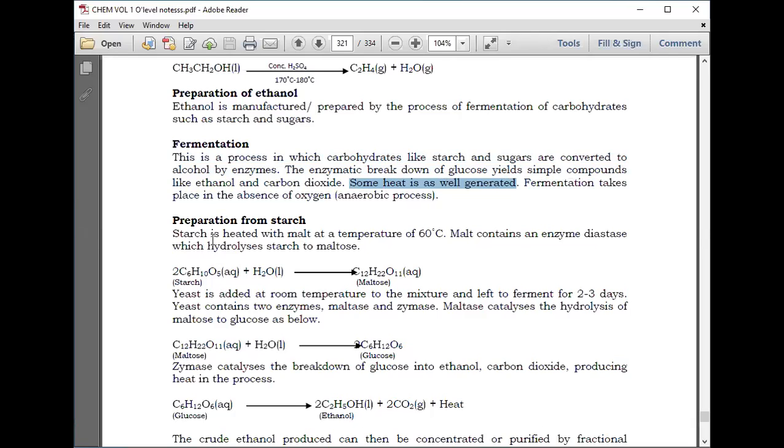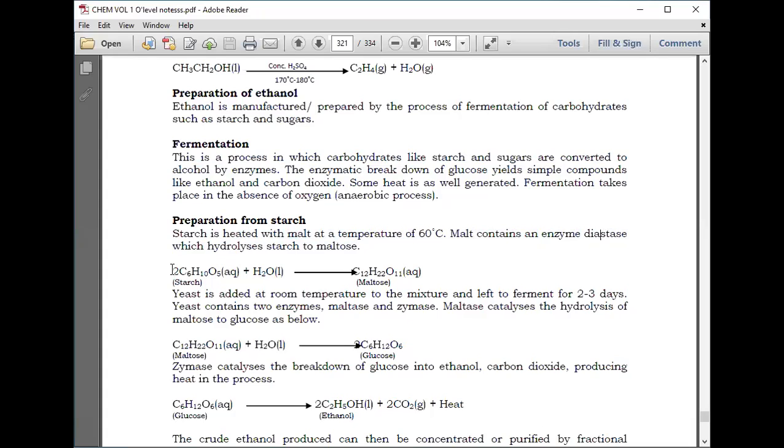So starch is heated with malt at a temperature of 60 degrees centigrade. Malt contains enzyme diastase, which hydrolyzes starch to maltose. So the first enzyme is diastase, and diastase hydrolyzes starch to maltose.